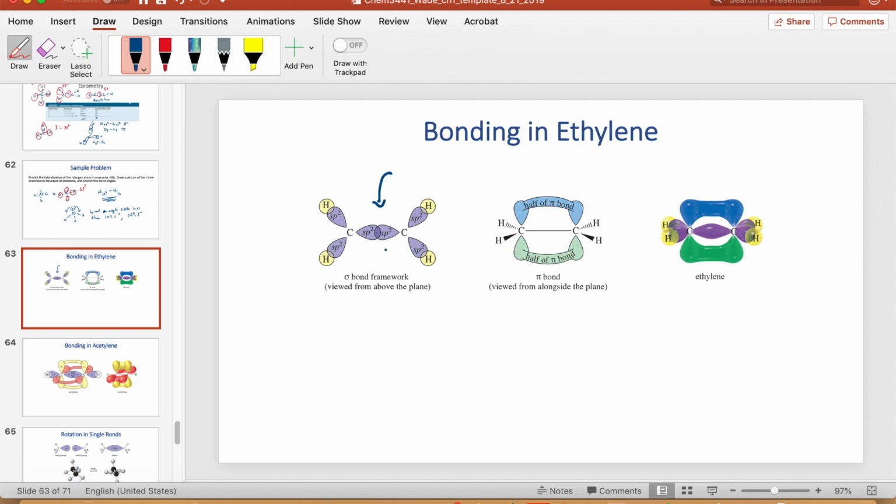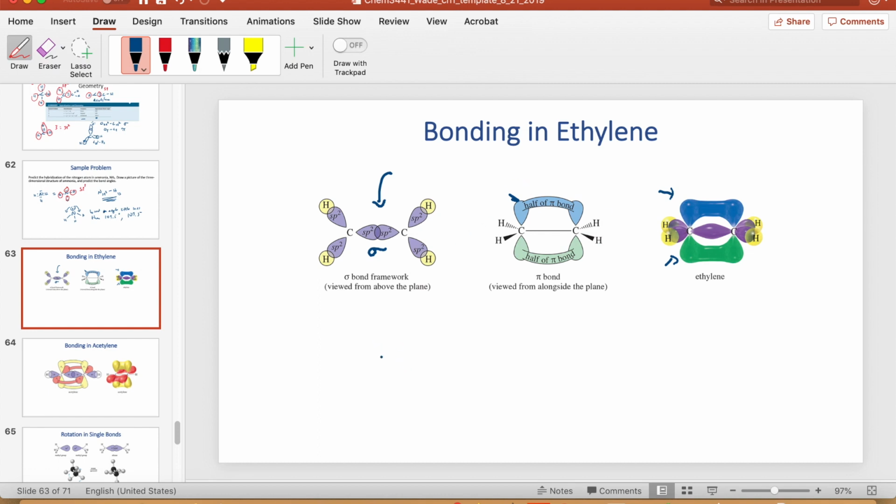That's our sigma bond. But then we also have our p orbitals, which sit up here above and below the plane of the molecule. You can see the picture looks like this: one on the top and one on the bottom. These are not different; these are equivalent. You just have to remember that they're above and below because of the nature of the p orbital.